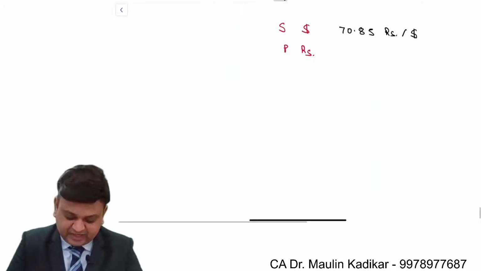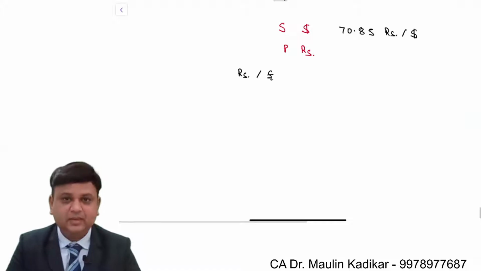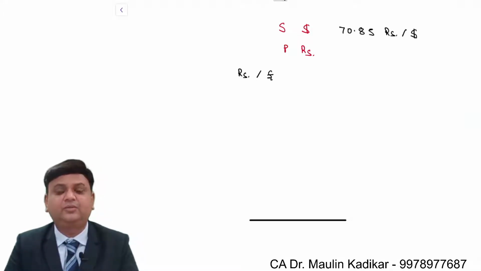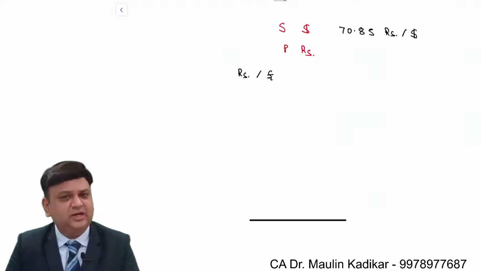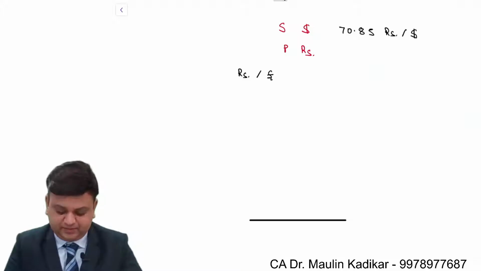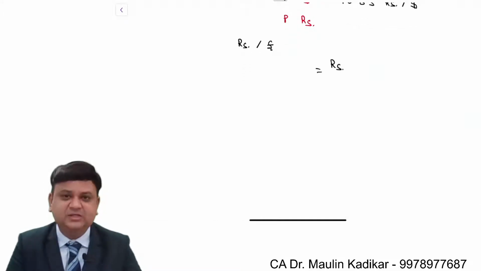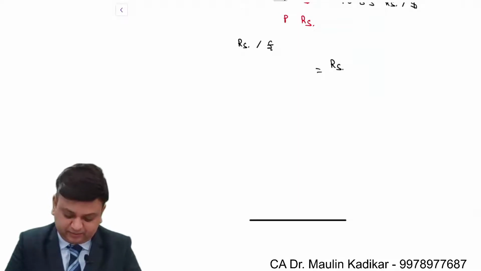We are required to compute the rupees per pound. If somebody asks, sir, can I calculate the pound per rupee for the purpose of doing the answer? Replying to that, yes, you can do that also, there is no issue. Rupees is the final answer that I require because I want to calculate the rupees per pound.